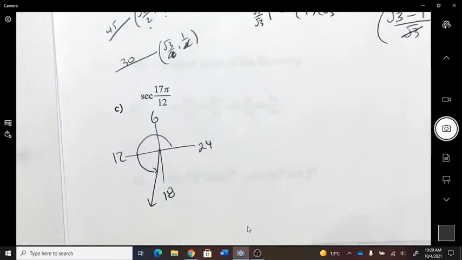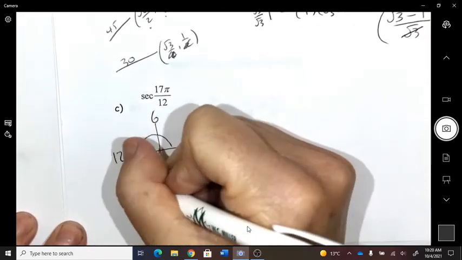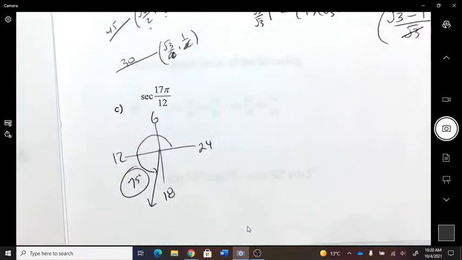We good like that? These are my numbers, 6, 12, 18, 24, right? Okay, so if I'm here, I'm a 75 distance away. You either have a 15 or a 75.